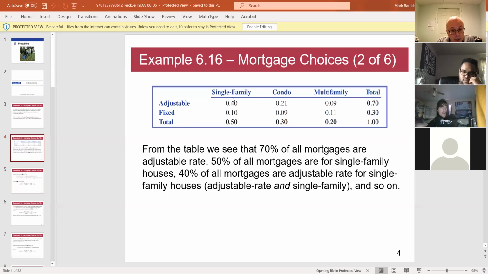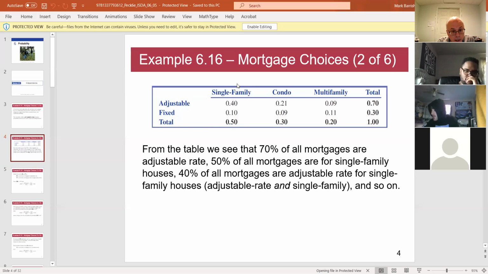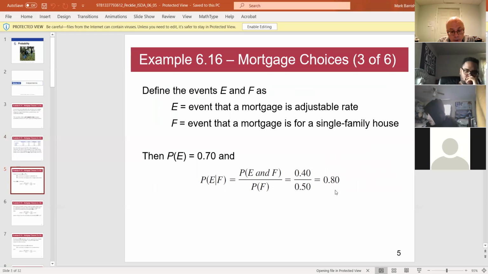It's the intersection of the adjustable row and the single family column, 0.4. So 0.4 is the probability of both of those. And then the probability of F is the probability that it's for a single family home. Well, that's 0.5. That's this column right here. What's the answer? 0.80. It's an 80% chance that if the person has a single family house, they took out an adjustable rate mortgage.